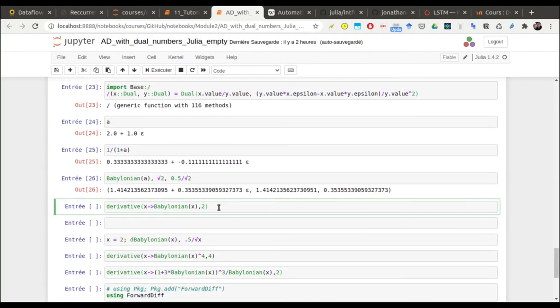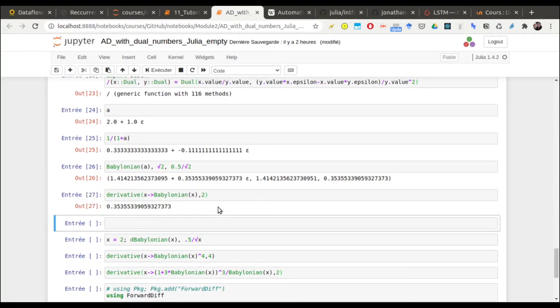So if you want, here you can apply the derivative function you defined before, not only to polynomials, but also to the square root, thanks to this Babylonian approximation. The derivative works as soon as you define all the operations like plus, minus, multiplication, and division.